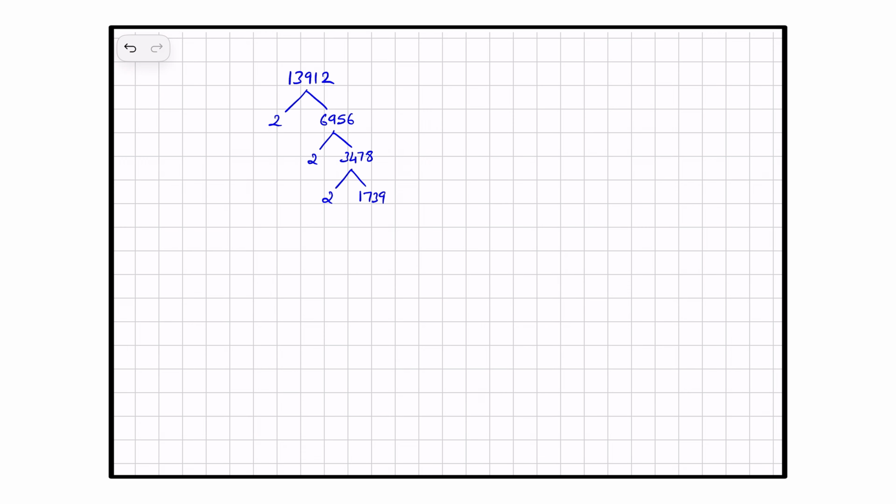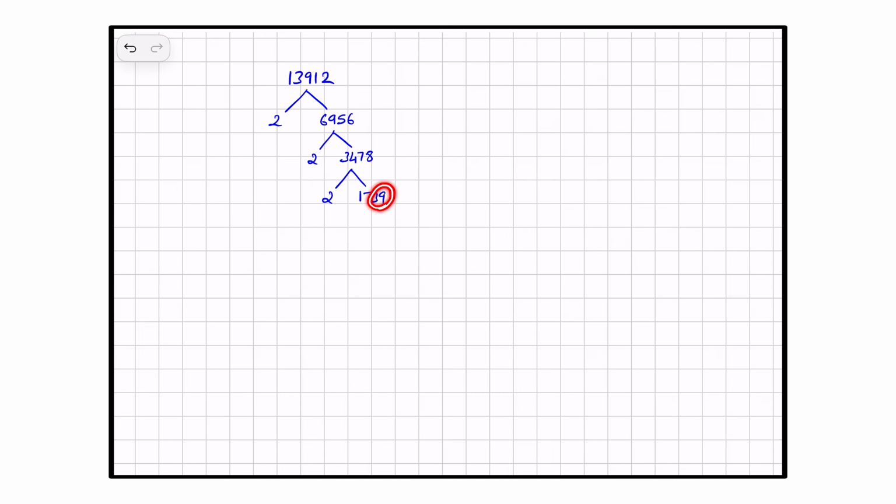Now the confusion will be, how do we factorize 1739? One way is that we go by the numbers 2, 3, 5, 7, 11 like that. That may take a lot of time to eventually get to the correct factor. One thing that we can see is that the last digit is 9.